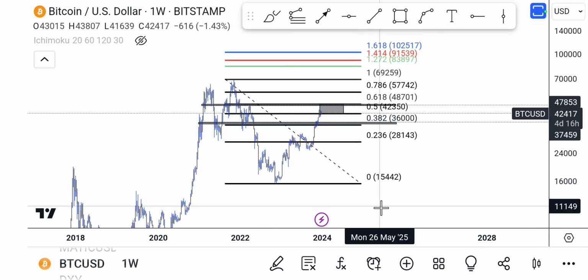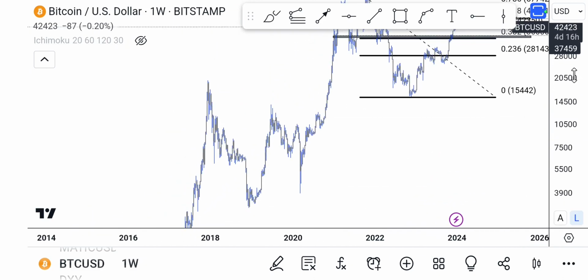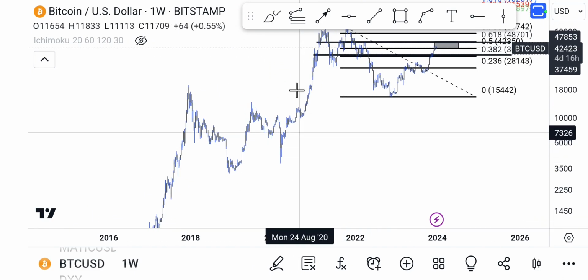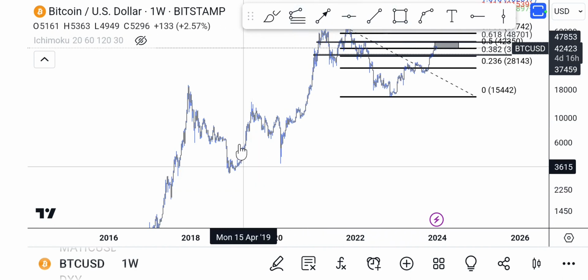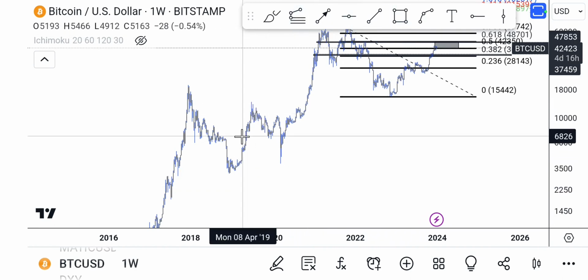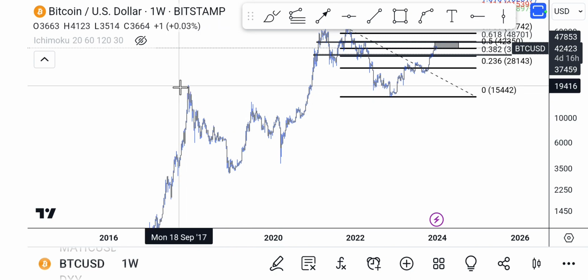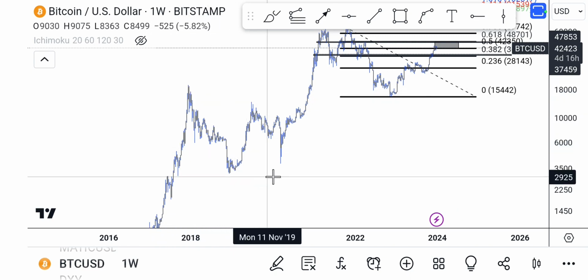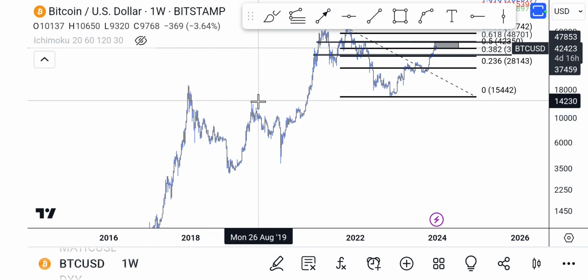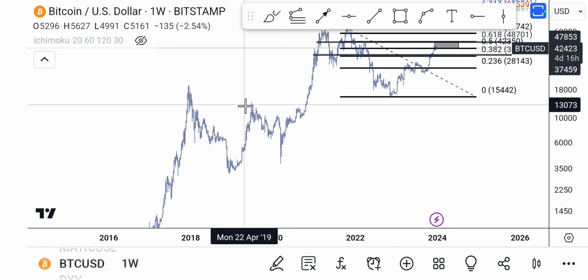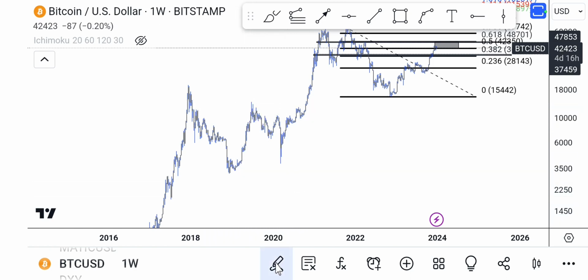In the past, we have noticed that the market has always pushed back at the 0.618. That's using your fib from the top down to the all-time low. You will see that price has always pushed back down from the 0.618.